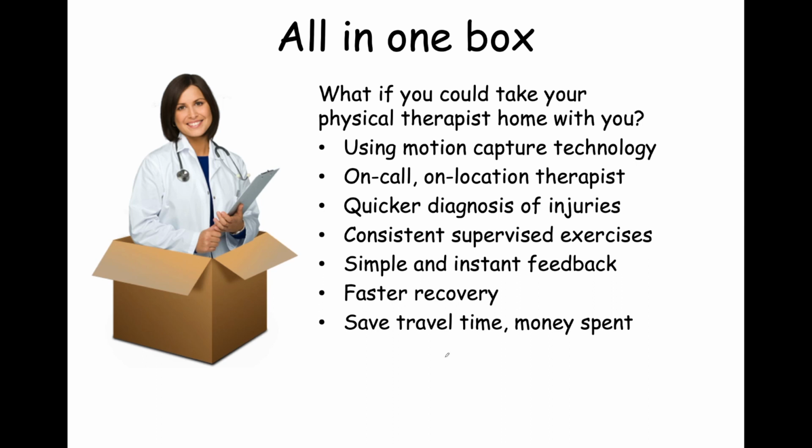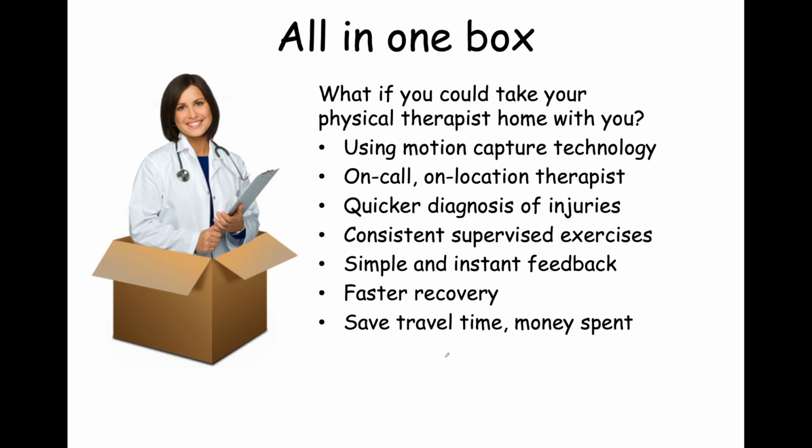Now that person can contact you and ask what's going on. With this physical therapist in a box continuously watching you, you can have quicker diagnosis of injuries, and you can also get more consistent supervised exercises.